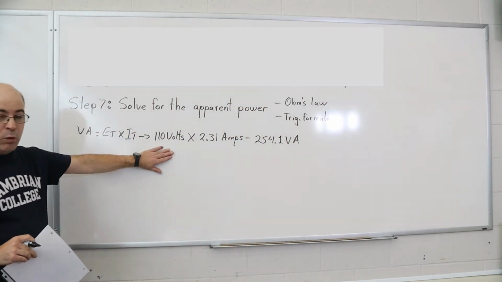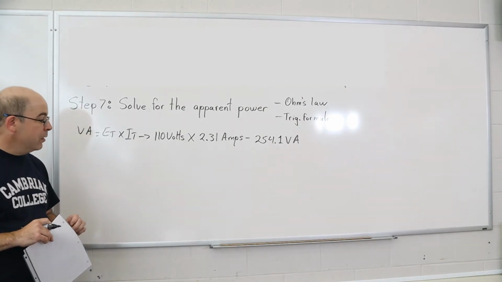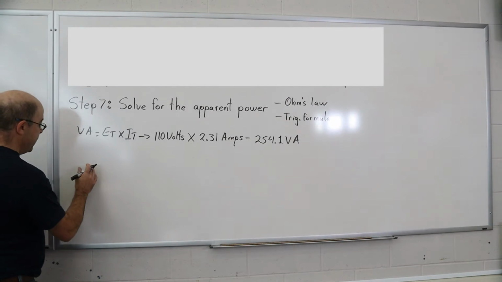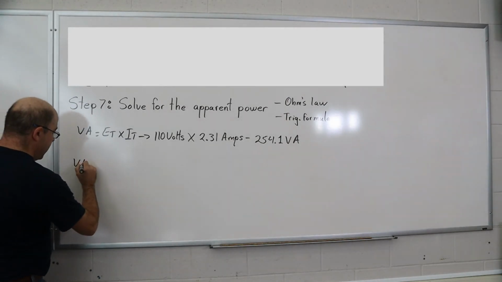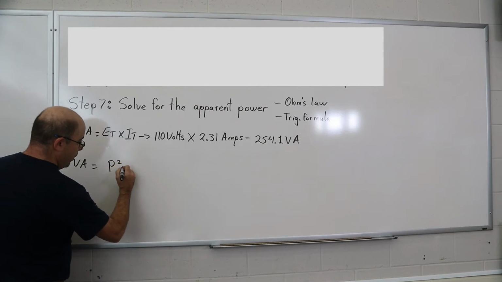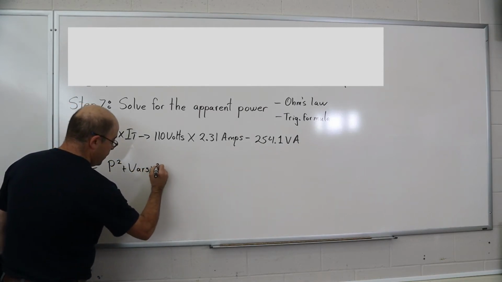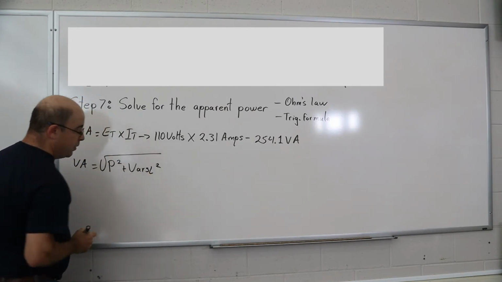Now that's just using Ohm's law. We can also do it using the trig formula. The trig formula is based off of VA is equal to the square root of P squared plus VARs L squared.